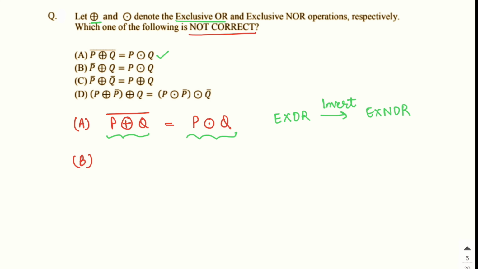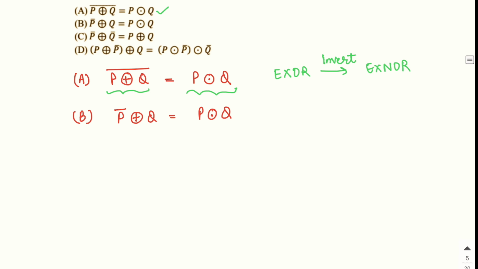B is P bar XOR with Q should be equal to P XNOR with Q. So we have to check this out. For doing this, we need to first know that any A XOR B is expanded as A bar B plus A B bar. And you should also know the expression for XNOR, which is AB plus A bar B bar.